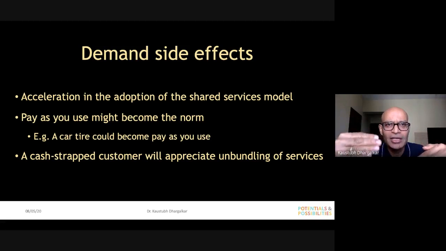Low-cost airlines charge X for food, Y for window space, Z for aisle seat, etc. So they are actually unbundling these services. So going forward, tackling a cash-strapped consumer, think how you can unbundle your products, your services, and make things within reach of that cash-strapped consumer.